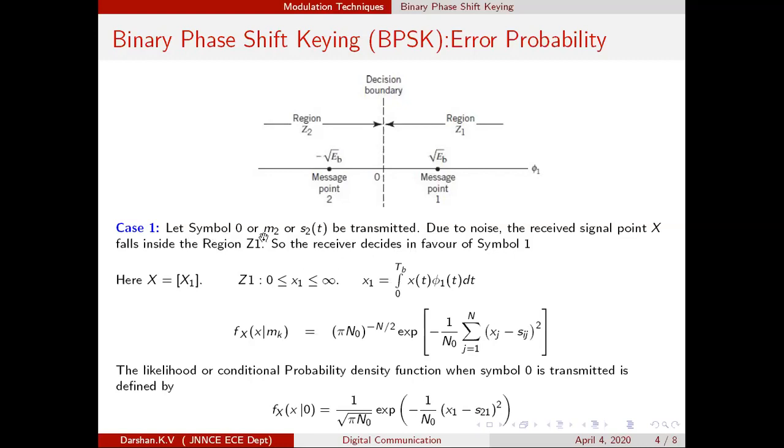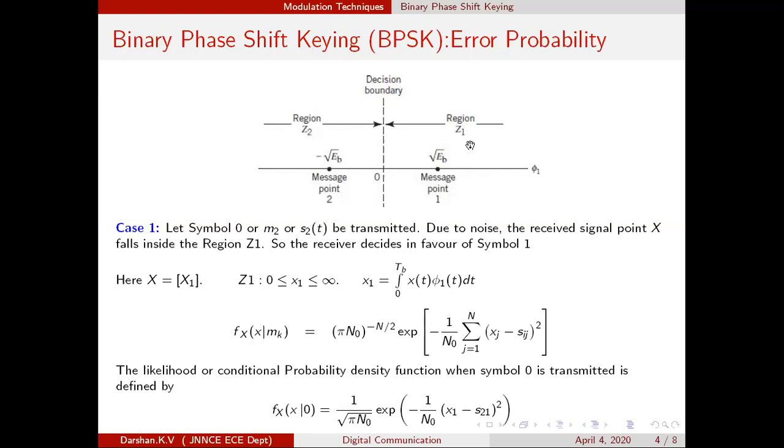Let us assume that 0 has been transmitted. Don't forget what has been transmitted. You will receive the signal, called x of t. You will convert the x of t to a vector and plot the received signal on the graph. Accidentally, because of the effect of the noise, the signal falls in the region Z1.